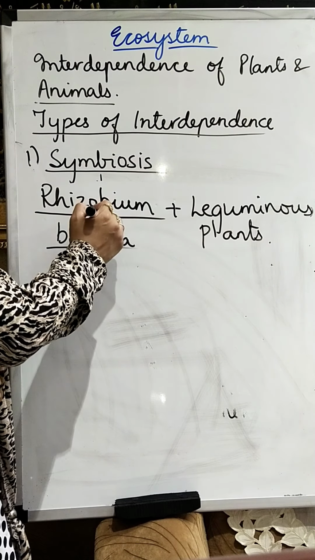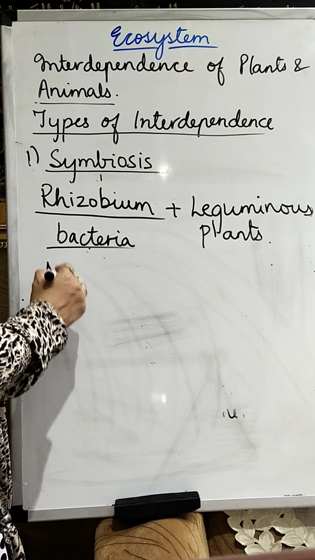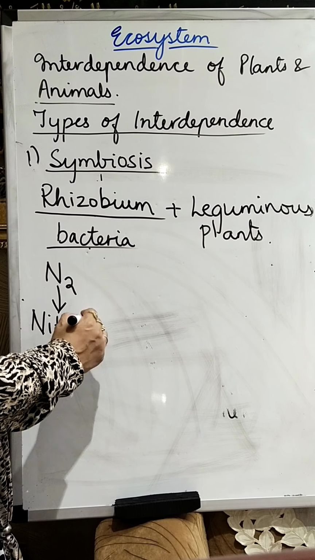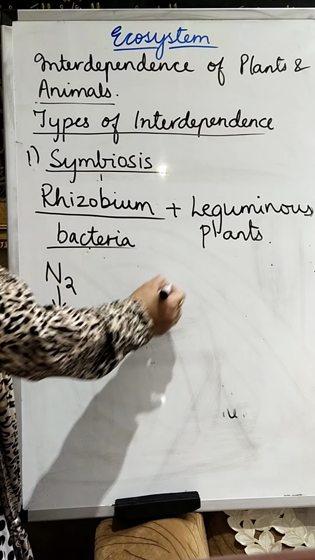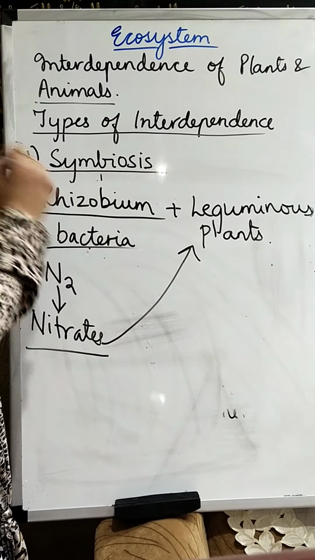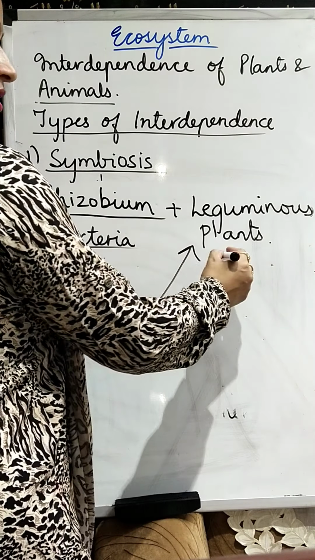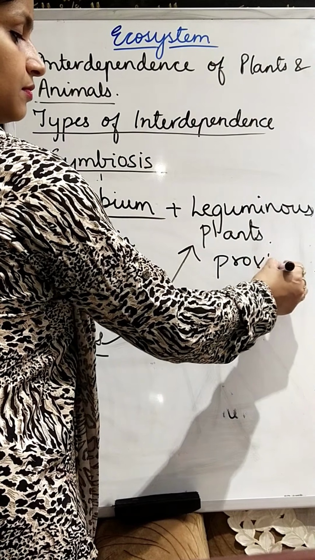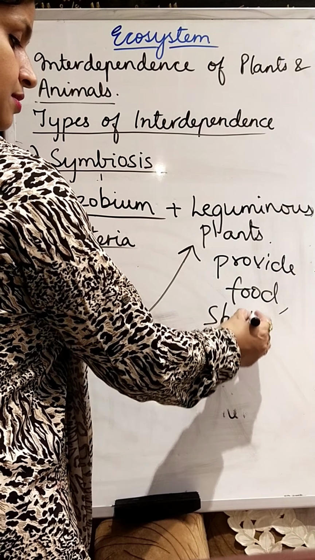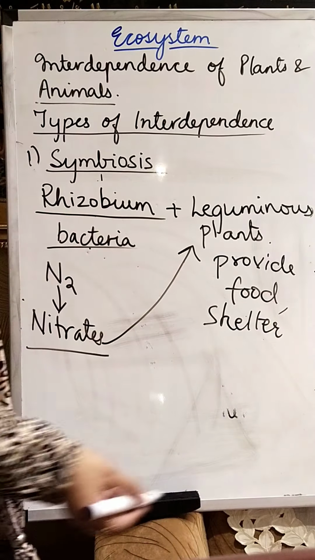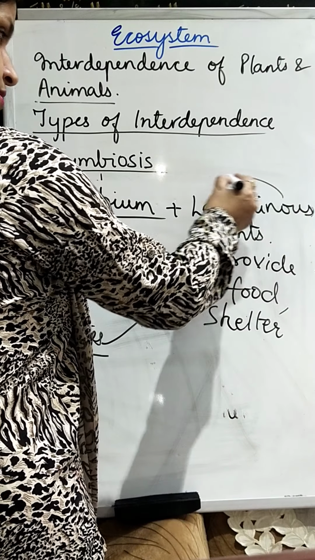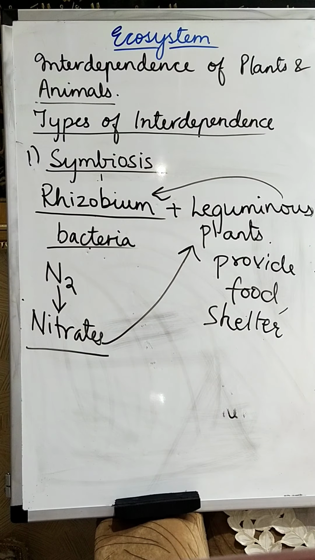Here, the rhizobium bacteria fixes atmospheric nitrogen and converts it into nitrates, and this nitrate is used by the leguminous plants. And what do leguminous plants do for the rhizobium bacteria? They provide food and shelter for this rhizobium bacteria.